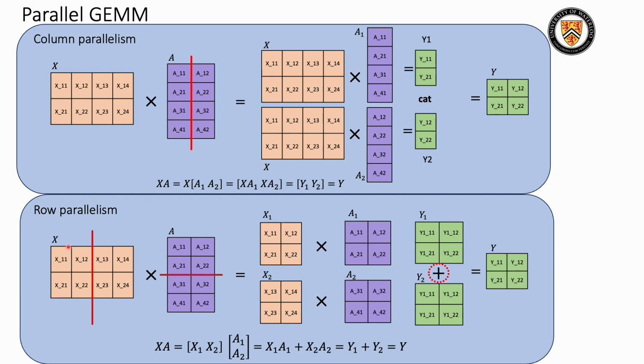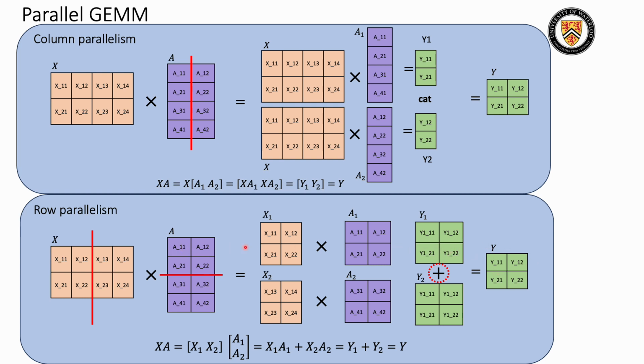For row parallelism, however, instead of splitting A by column, you split it by rows. So you send the top to the first device and the bottom to the second device, and you also split X by column this time. You put the left side on the first device and the right side on the second device. When you do the multiplication, the output is going to be a partial sum of the final output.